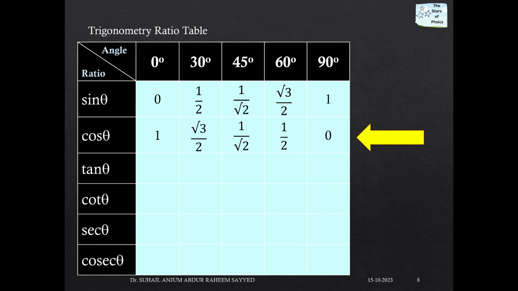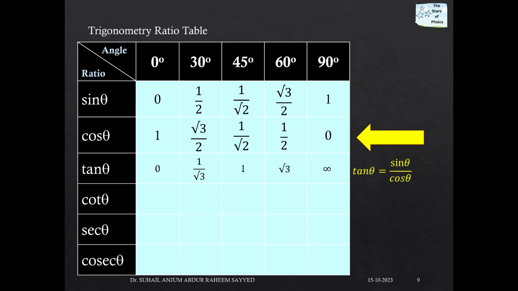That means from this 1 we will write it here, then root 3 by 2 here, then 1 by root 2 as it is, then 1 by 2 here, and 0 at the end. So we just have to reverse that first row to get cos of theta.